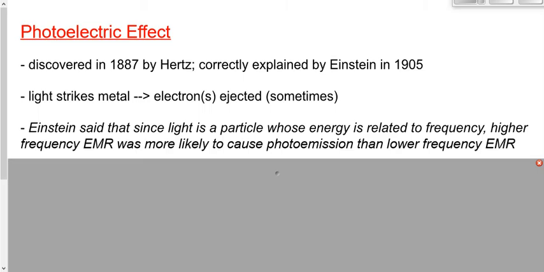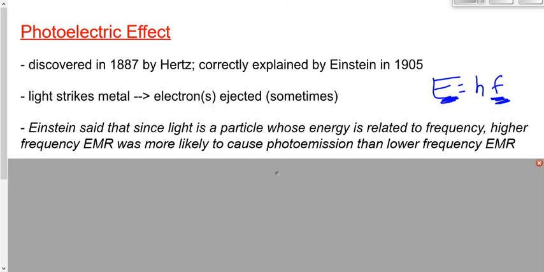Electrons wouldn't be ejected. So along comes Einstein with his little nifty photon theory, which says, oh, look, here's why that doesn't work. Energy is not related to the amount of light that you have. Energy is related to the type of light, the frequency of light that you have. If you've got electrons not being ejected and you want them to be ejected, yeah, Hertz, you're right, you need more energy.